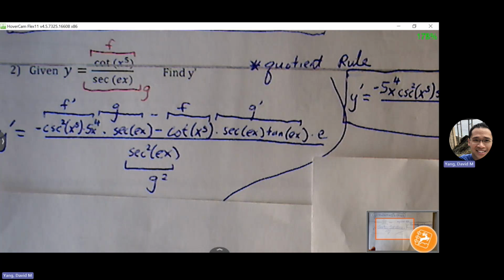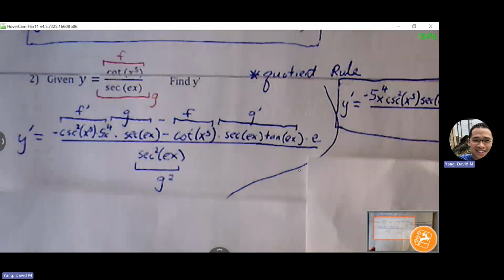The only thing I'm going to ask you for cleanup is to push all the coefficients out in front and leave the trig as the end portion.